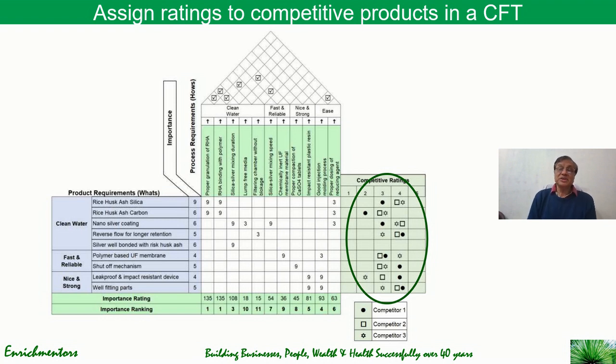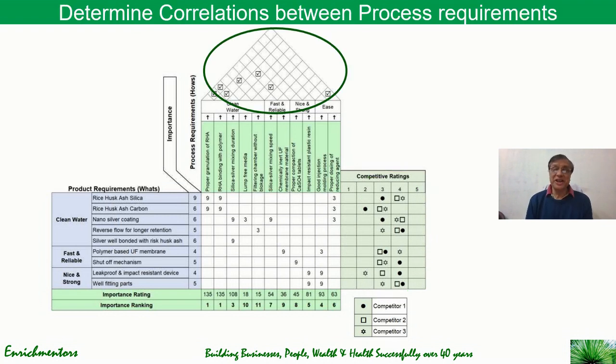The next step is to go to the roof, where we look at the relationships between the various process requirements. As we saw, a tick is a positive correlation between two process requirements, and a cross is a negative correlation. That's how we populate and establish the relationship between the process requirements.